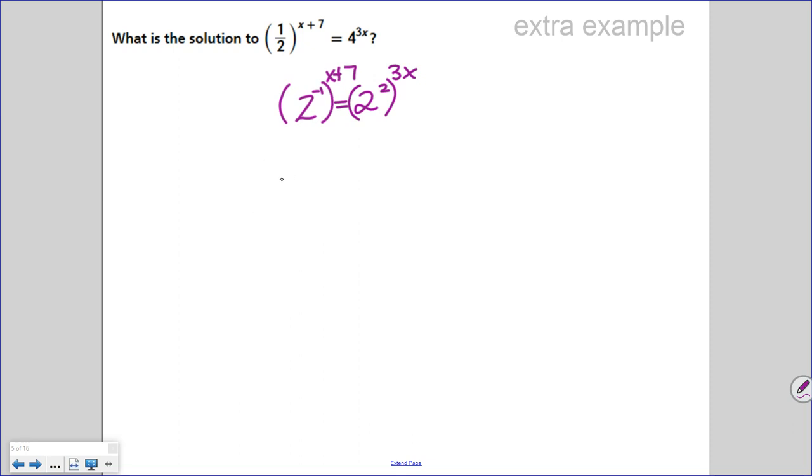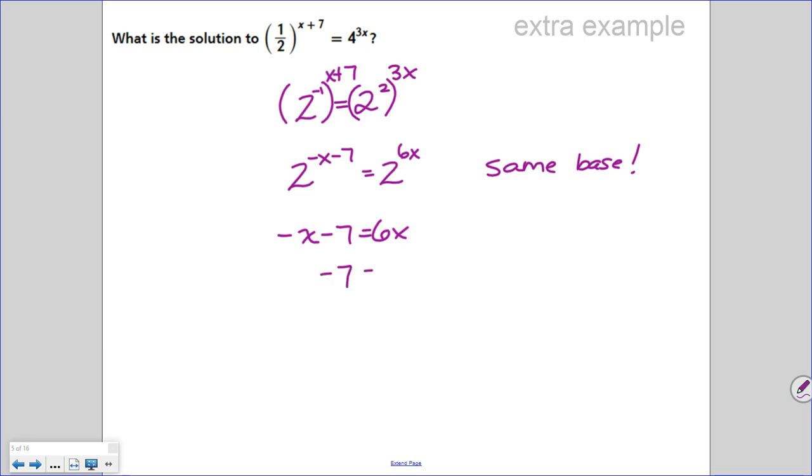So then if I apply properties of exponents, power to a power, you multiply those two. 2 to the negative x minus 7 equals 2 to the 6x. Now I have the same base. Yay, same base. So I can say negative x minus 7 equals 6x and solve for x. So negative 7 equals 7x, and I get that x equals negative 1.